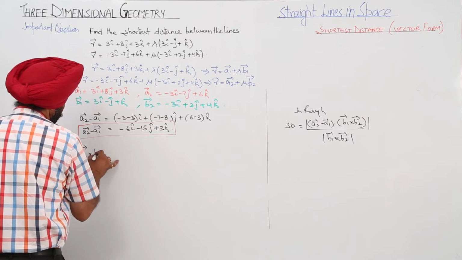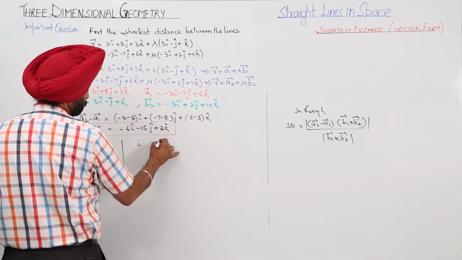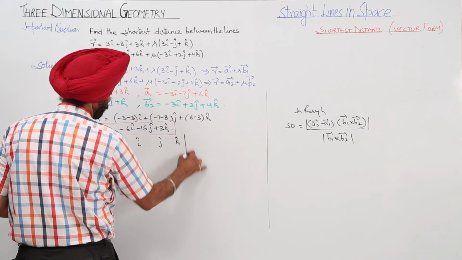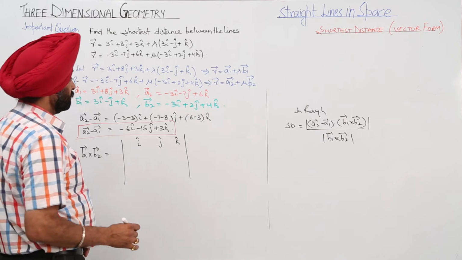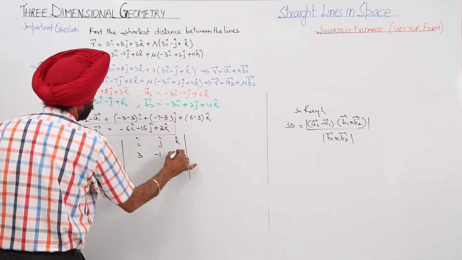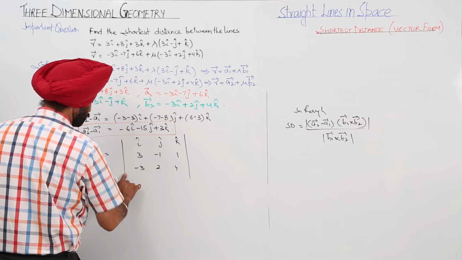Now b1 cross b2. Cross product for vector b1 and vector b2 is equal to, by the determinants, i cap, j cap, k cap, with b1 3, minus 1, 1 and b2 minus 3, 2 and 4.